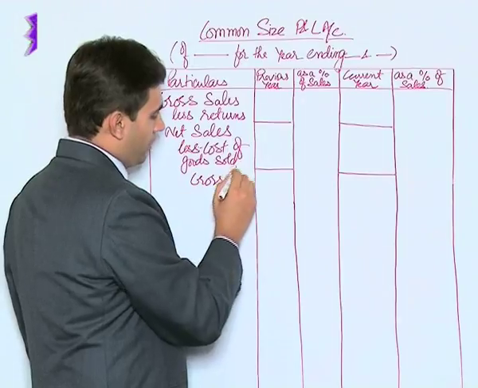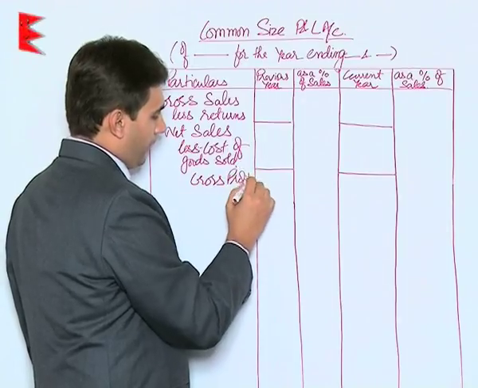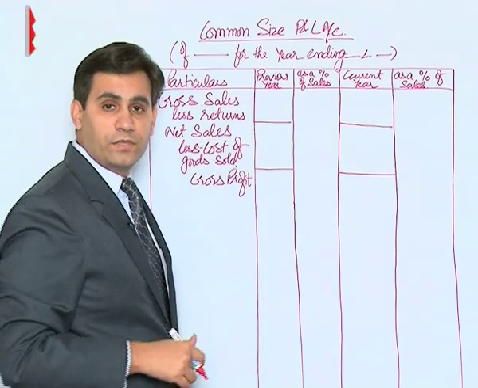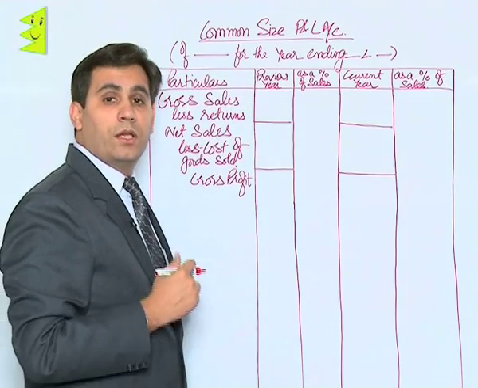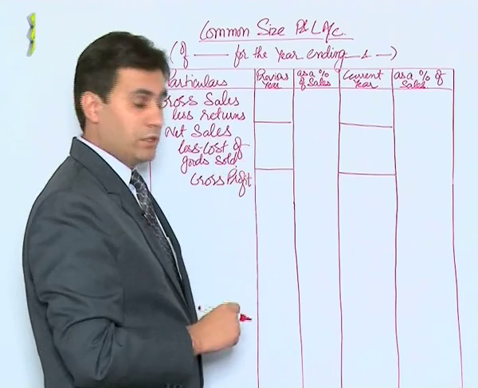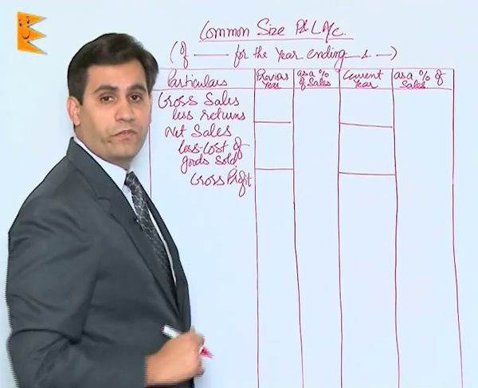We will have gross profit. So students, if gross sales are given, we'll subtract sales return, we'll get net sales. Out of net sales, we will deduct the cost of goods sold, then we'll get gross profit.